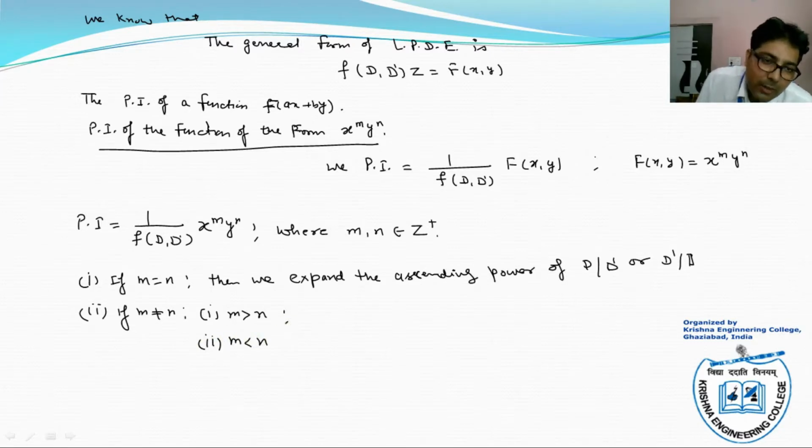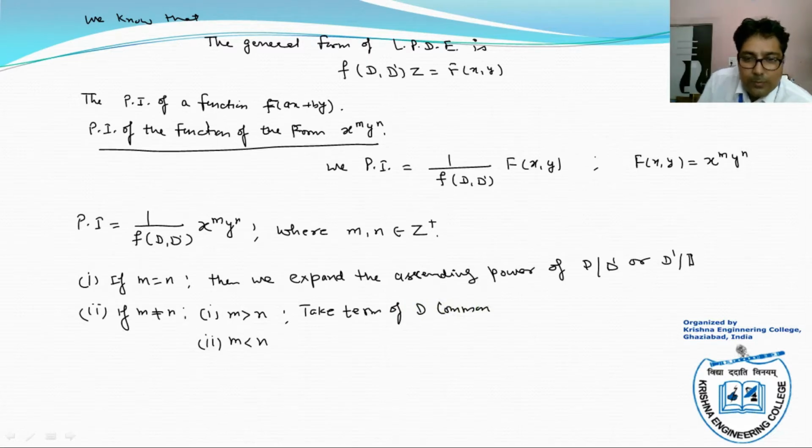If m is greater than n, that is, the power of x is bigger, then in this case take the term of D common and expand it in the form of D dash by D, right?